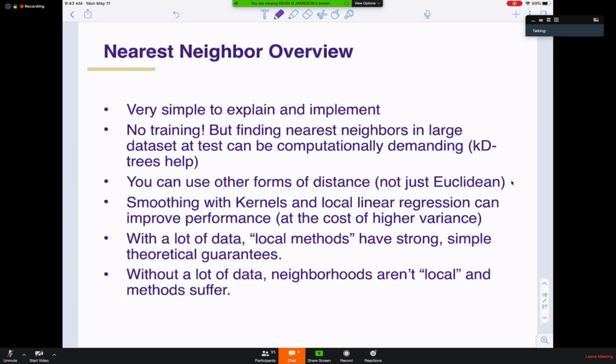But the issue is that in high dimensions, data is not local. And by high, I mean like 10 dimensions, not 1,000, like 10. This is why nearest neighbors are really strong and great for low dimensional data, like 2 or 3 or 4. But when you get to higher dimensions, it can really hurt you. Now, one exception is if your data lives on a low dimensional manifold.